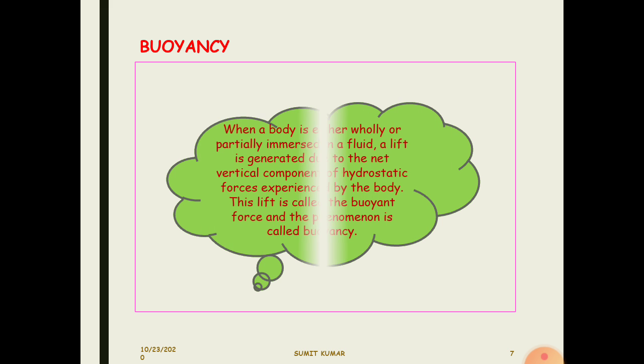So, buoyancy can be defined as follows: when a body is either wholly or partially immersed in a fluid, a lift is generated on the body due to the net vertical component of hydrostatic force. This lift is called the buoyant force and the phenomenon is called buoyancy.